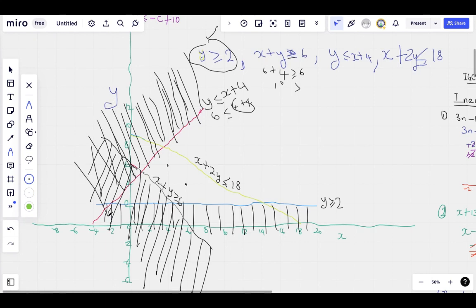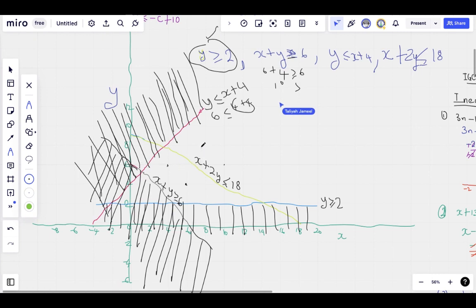Yeah. Okay. Now for this one, I think this is the only one remaining that we've not shaded. For this one, we test the wanted region. If we test here, x is 10 and y is 6.